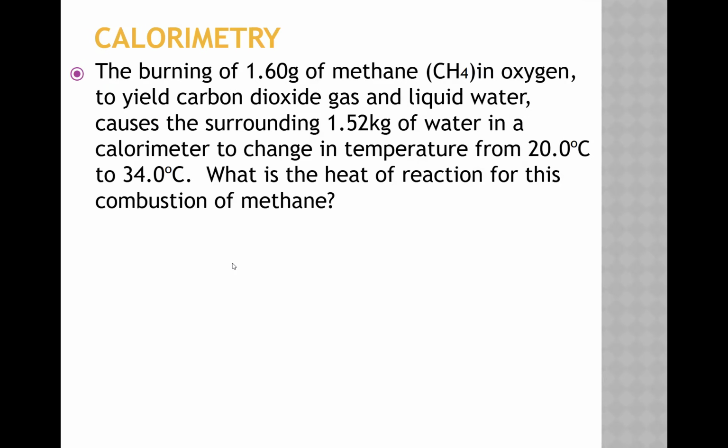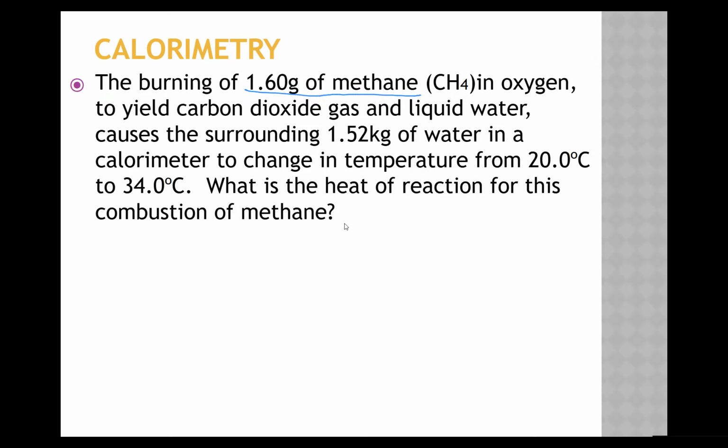We're going to do a practice problem. So we have the burning of 1.6 grams of methane and oxygen. So we've got that combustion, and we produce carbon dioxide gas and liquid water.